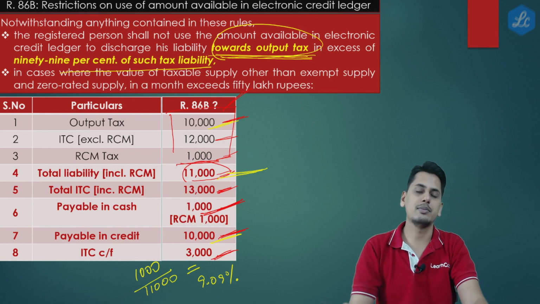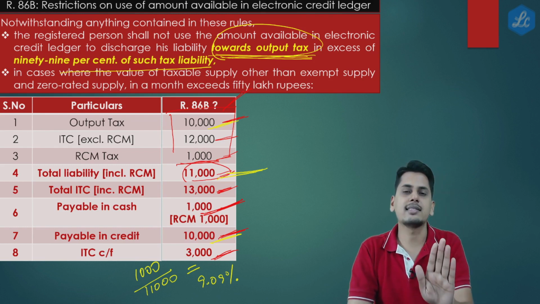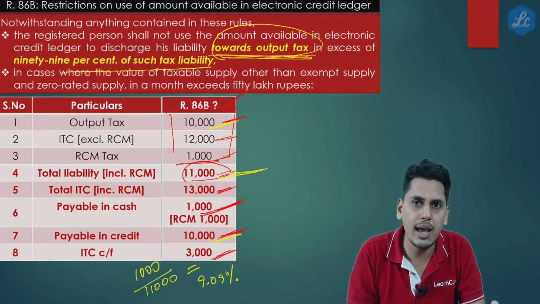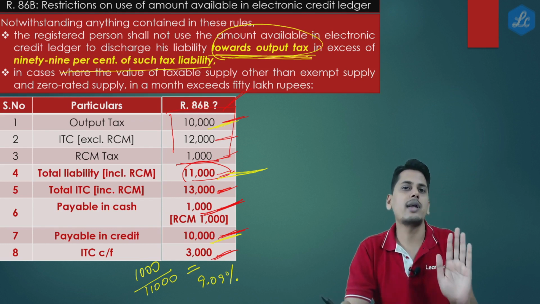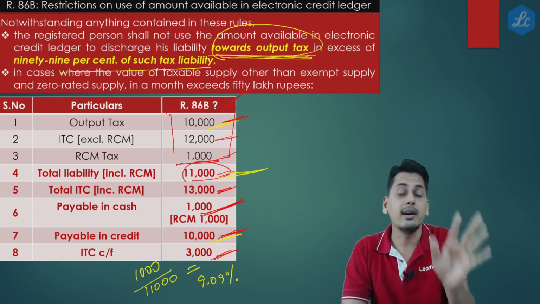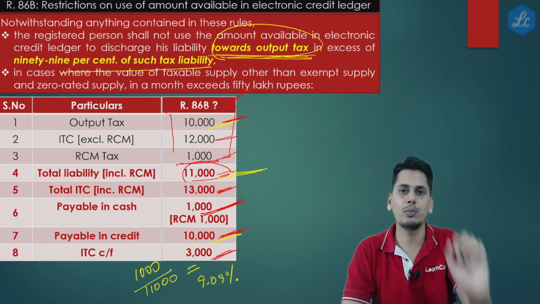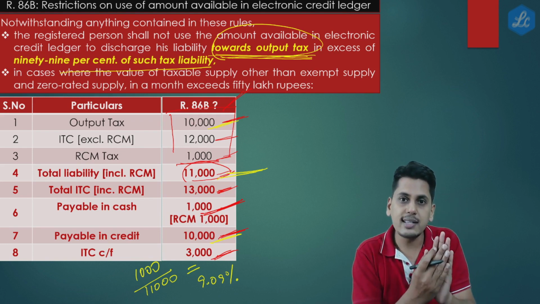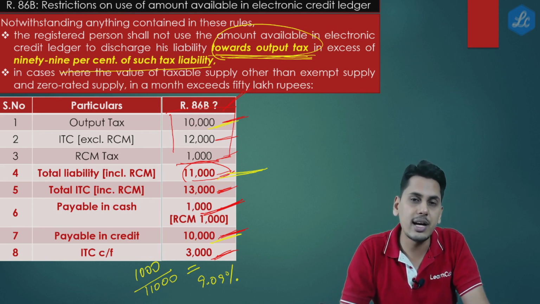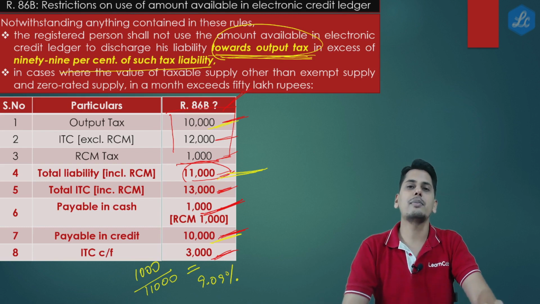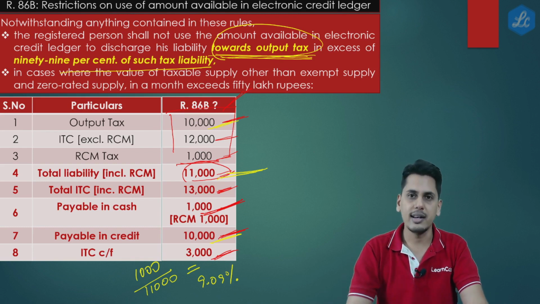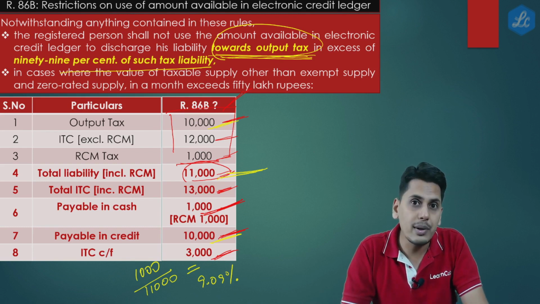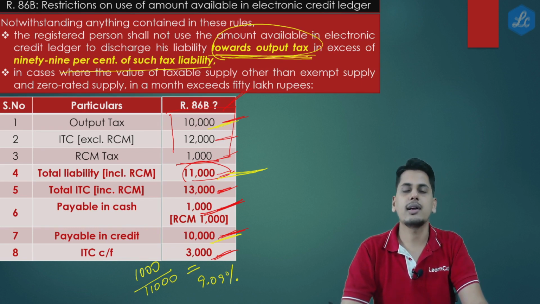What does Rule 86B tell you? It says ignore RCM liability. Take only the output tax. Whatever outward supplies you have made, the tax upon that is the output tax. Of that output tax, maximum 99% can be discharged from your credit ledger. Balance 1% needs to be paid through the cash ledger.